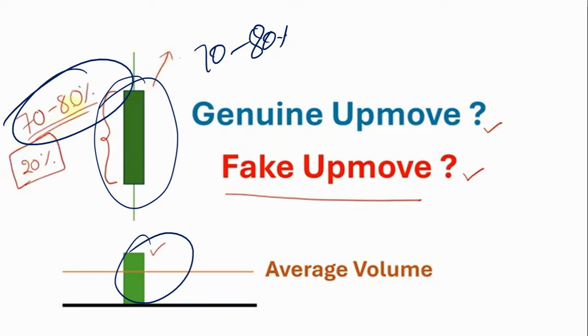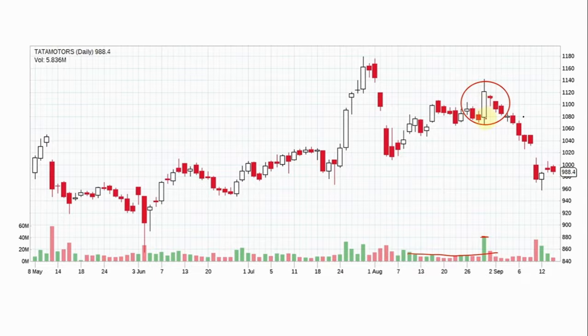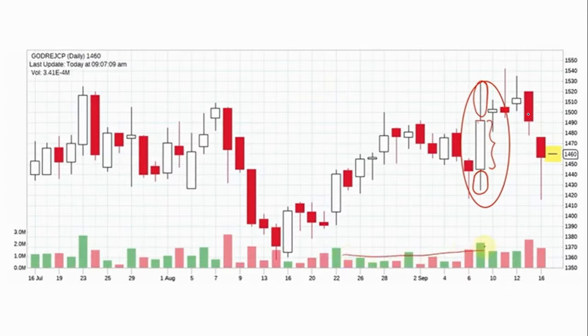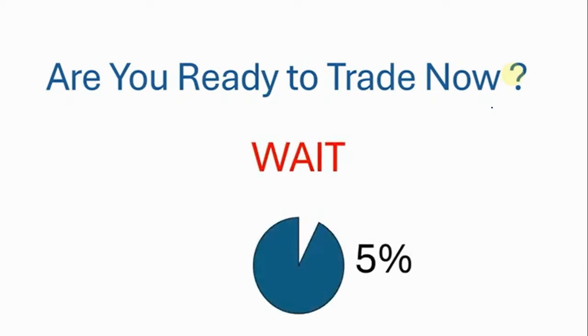Here you have a green or white candle with high volume, but volume is not supporting, it is decreasing. Same thing here also: a green candle with high volume, but volume is decreasing, doji candles form, and the stock reverses.